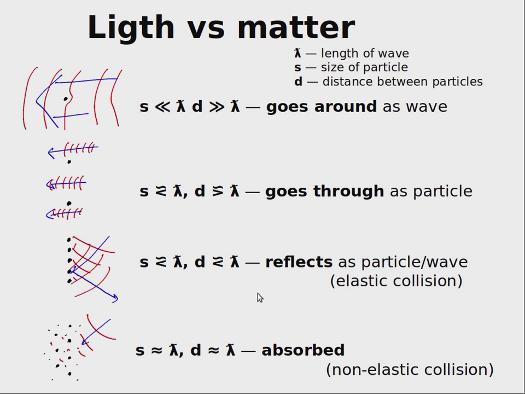It can interact in two different ways. It can bounce back, as with surfaces which reflect light, like a mirror, or it may do a non-elastic collision, so some of this wave or light just goes into the matter, excites some electron in the atom, heats it up, and then it's absorbed.